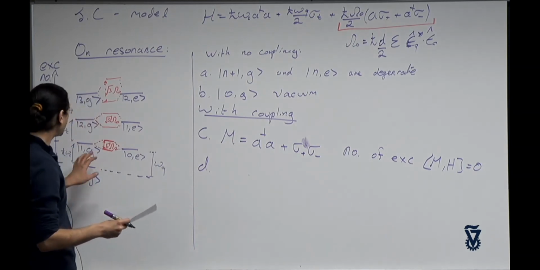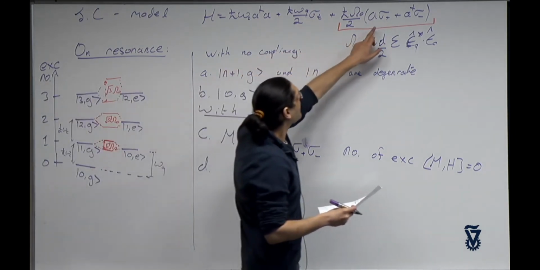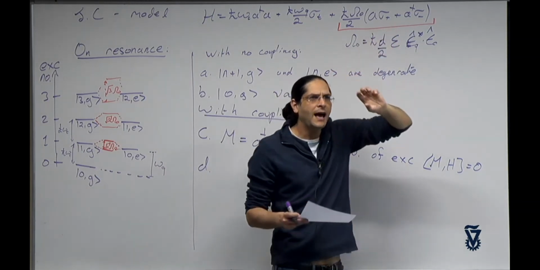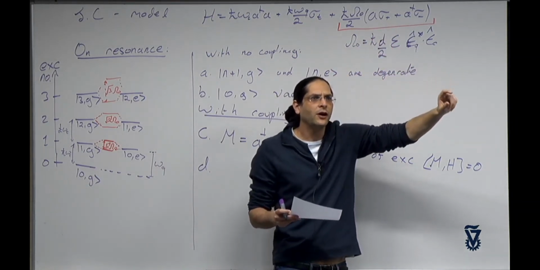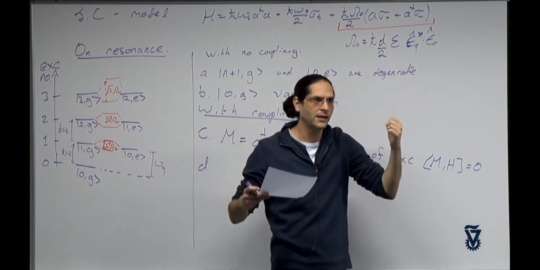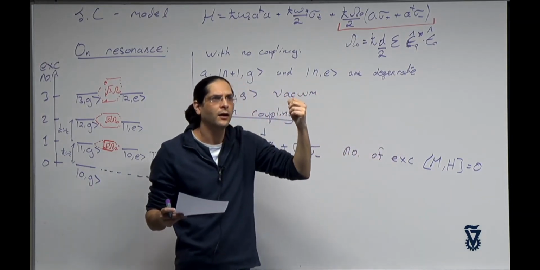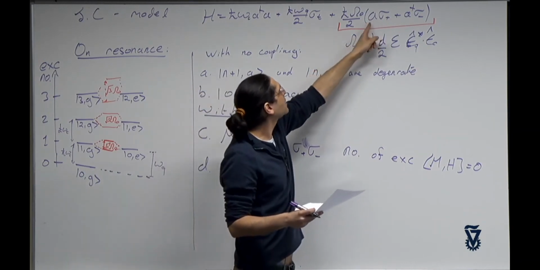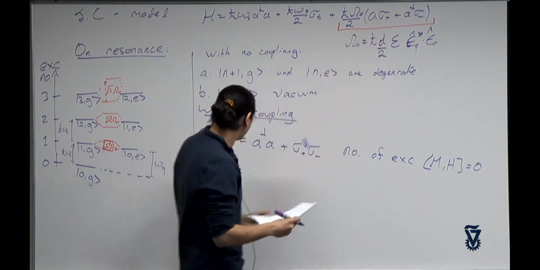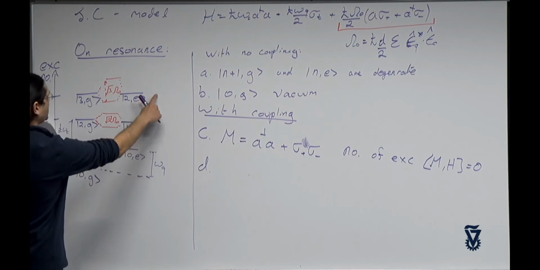The second thing you can see is that if you're in a certain subspace, and this is what we said at the end of the last lesson, the atom and the oscillator are going to be exchanging quanta. Now they're on resonance, so this is a really energy conserving term right now. They are going to be exchanging the quanta at a frequency, and this frequency is going to depend on the number of excitations.